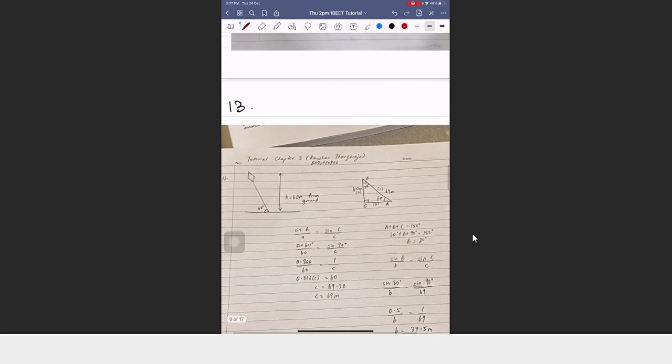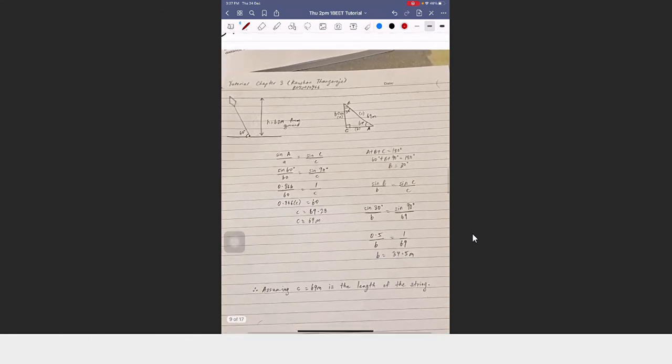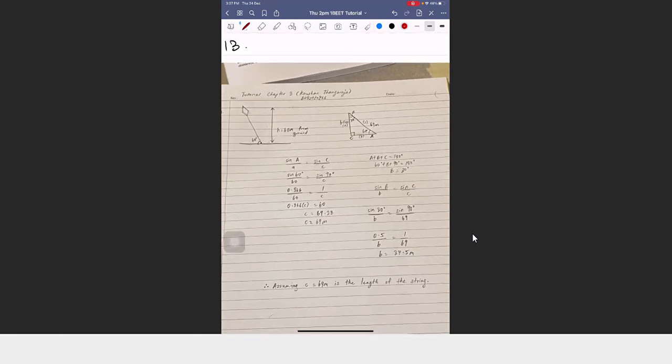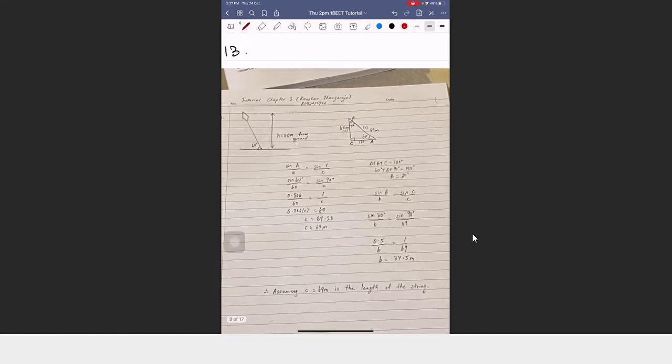This is 13. Okay, Kaushan, I hope you are there. Let's look at question 13. There's a kite. The kite is flying at a height of 60 meters above the ground. The string attached to the kite is temporarily tied to a point on the ground.